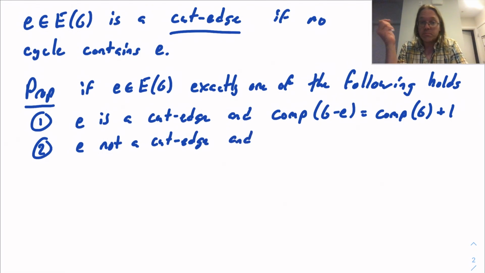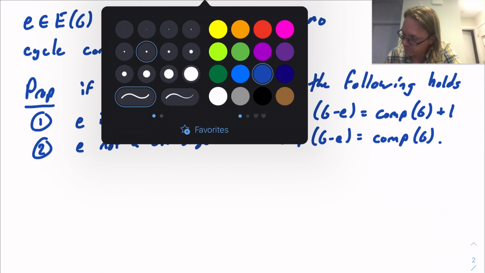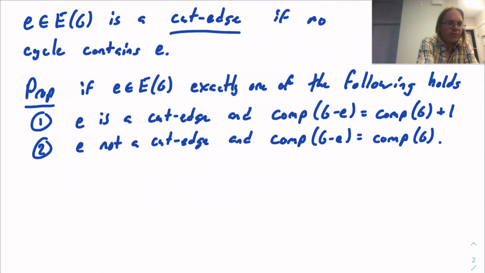Then when you delete it, the component structure doesn't change. Every vertex is in the same component that it was before. So in that case, the number of components of G minus E is equal to the number of components of G.